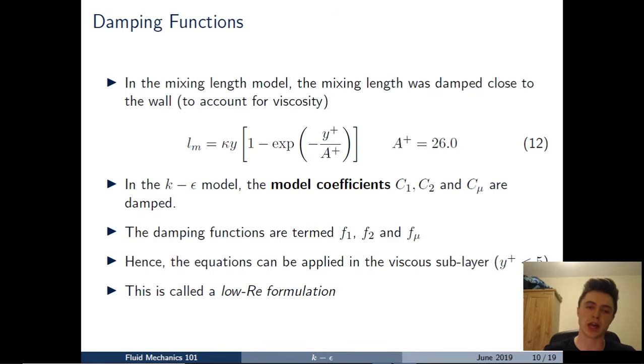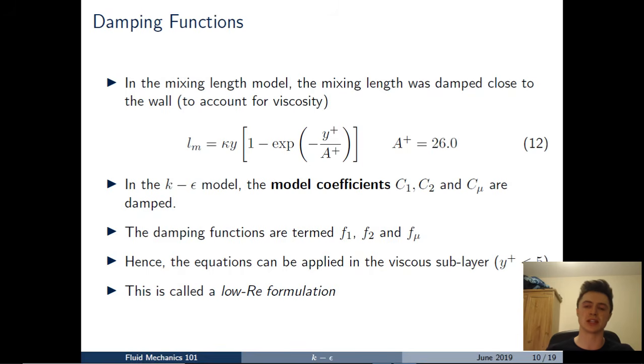And the way we do that is specific damping functions are applied to those model coefficients C1, C2 and C mu. And what you'll see if you look at the damping functions, they're termed F1, F2 and F mu, and the subscripts directly correspond with the coefficients that they're damping.